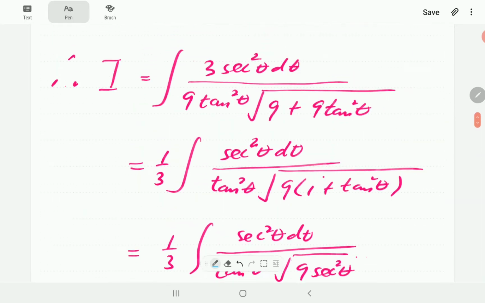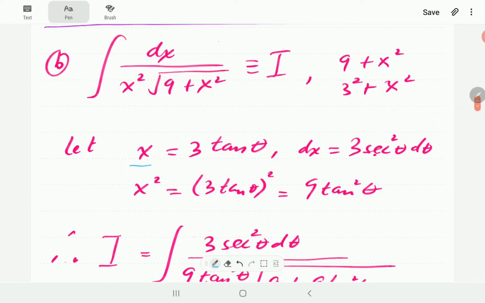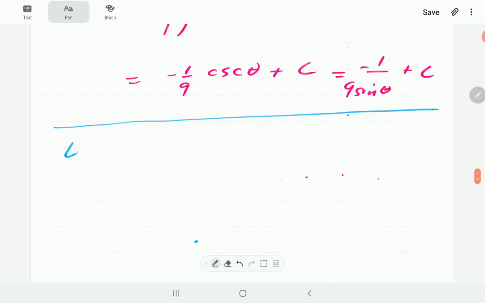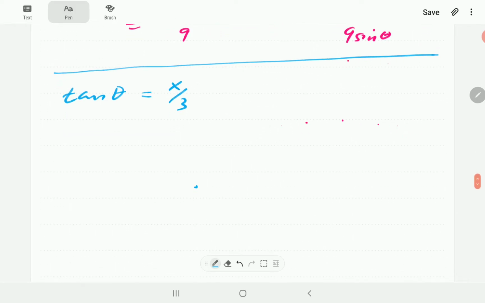Now, as we did in part A, to write this in terms of x, we go to our original substitution. We've got x equals 3 tangent theta. If we make tangent theta the subject of the formula, then tangent theta is x over 3.